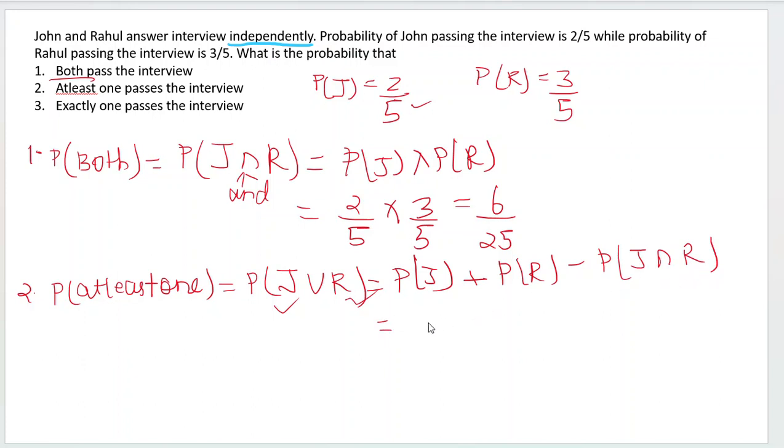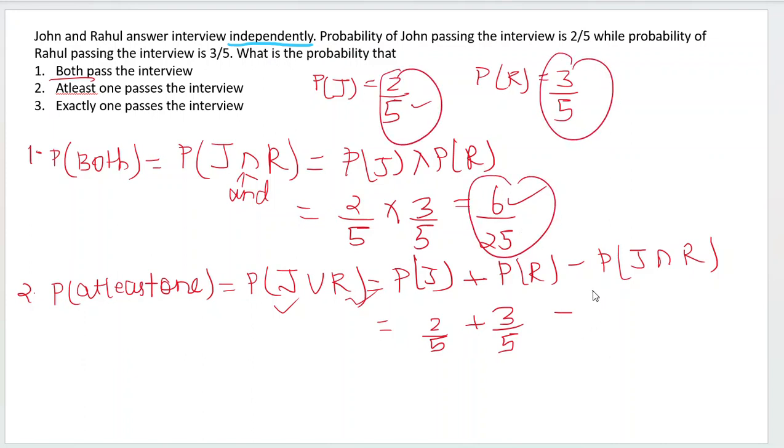So P of J is given to us as 2 by 5, P of R is given to us as 3 by 5, and P of J intersection R we have found as 6 upon 25. When you try to make the denominator common, you get 5 upon 5 into 2 by 5 plus 5 upon 5 into 3 by 5 minus 6 upon 25.